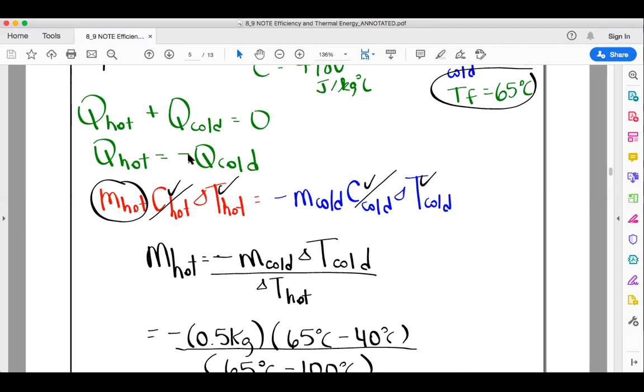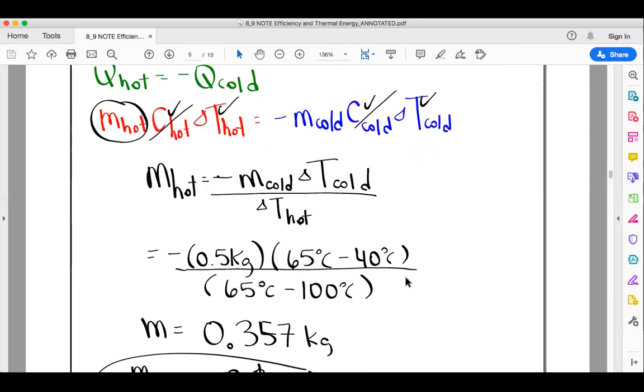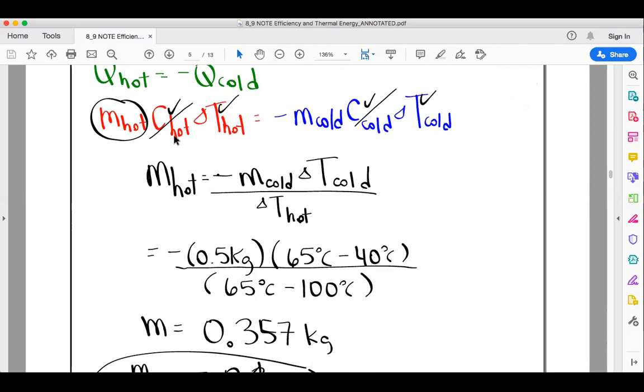And I will give you this little trick: the negative is critical if you're solving for any of the temperatures. But if you're not solving for the temperatures, it turns out it works itself out. We rearrange for M hot because we have C hot. Do we have the specific heat capacities of both sides?